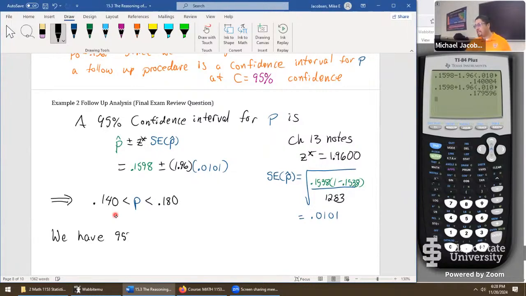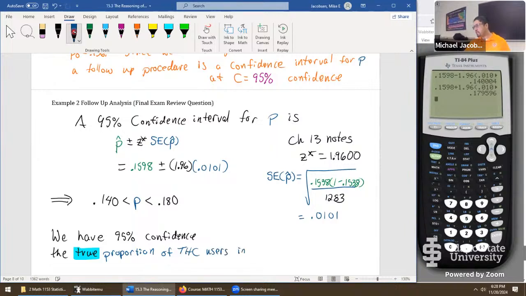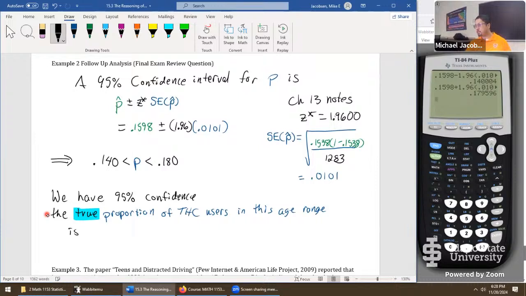We have 95% confidence the true proportion of THC users in this age range is between, because I said proportion, I'll keep it at 0.140.